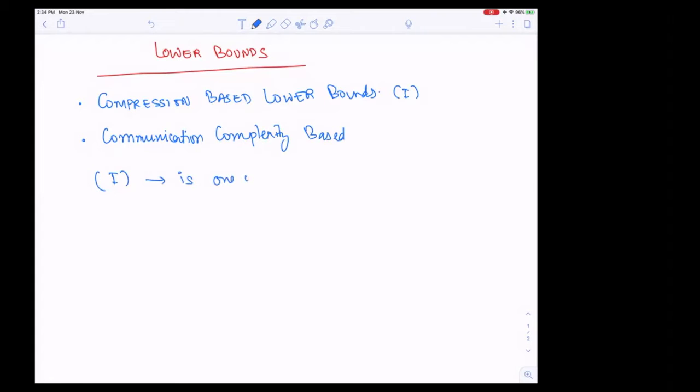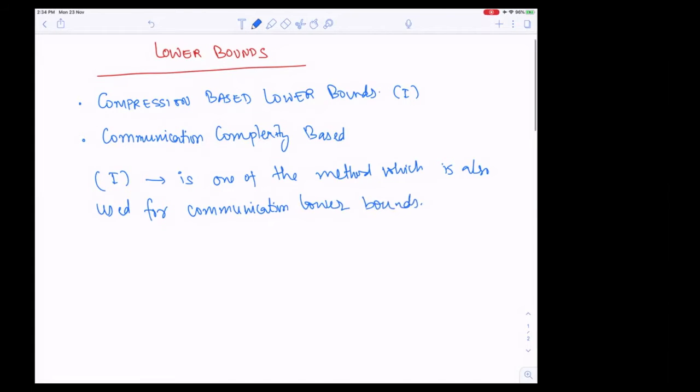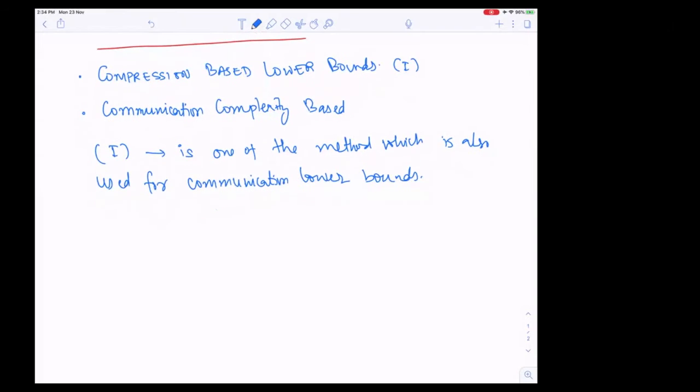one of the methods which is also used for communication lower bounds. And these are basically, I would say, a pigeonhole principle kind of lower bound, PHP based lower bound.